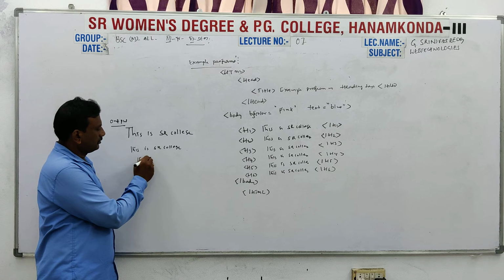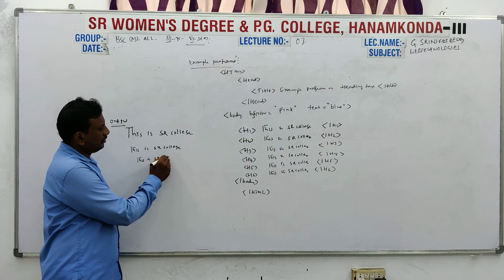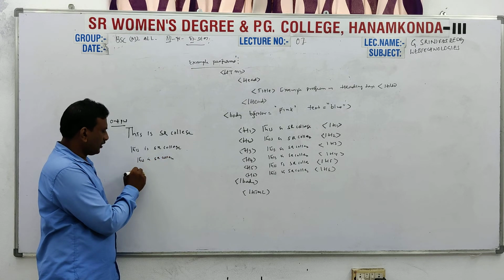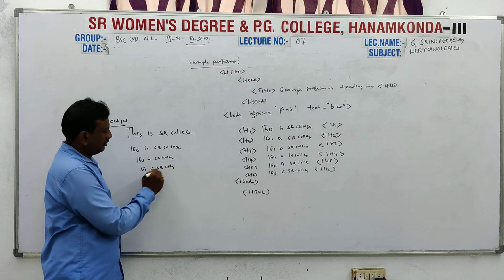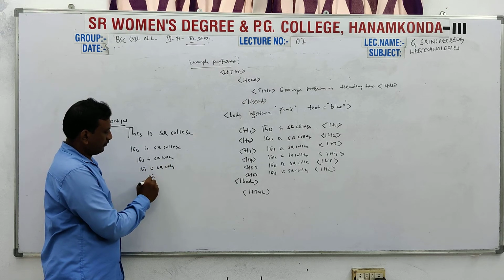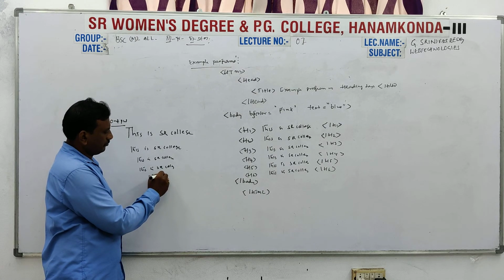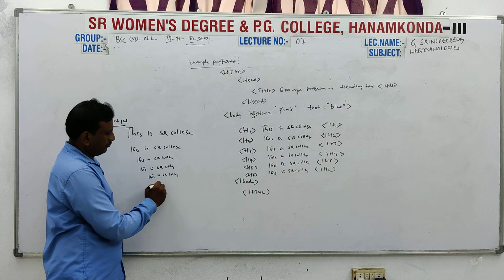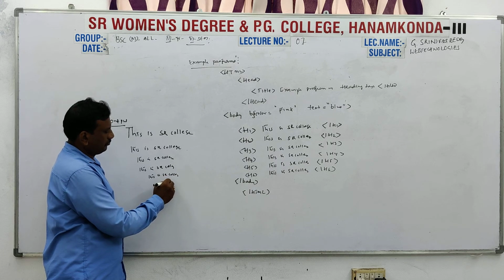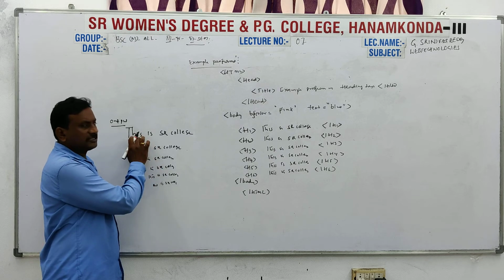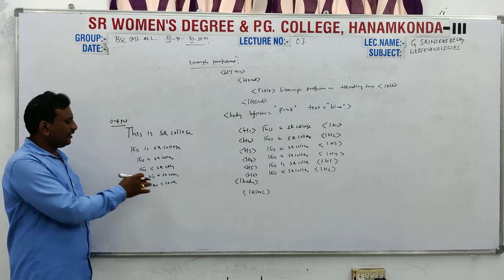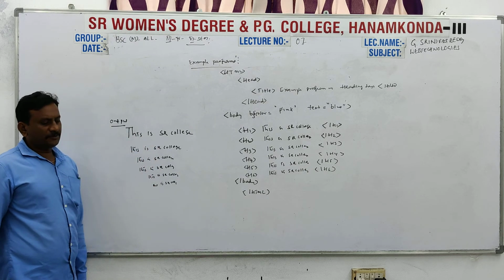This is SR college. The fourth one also, this is SR college, and the fifth and sixth are small. One, two, three, four, five, six. Here is a very big size, and the very least size compared to here.